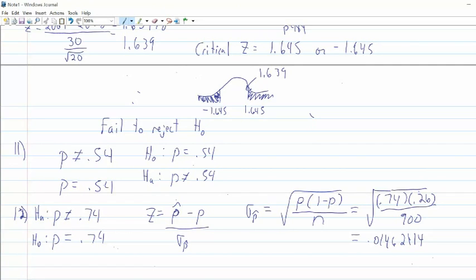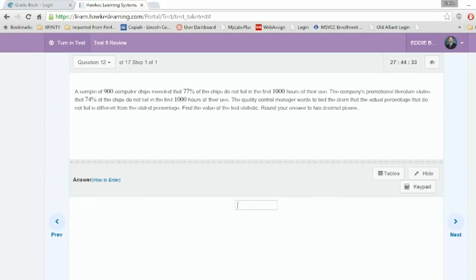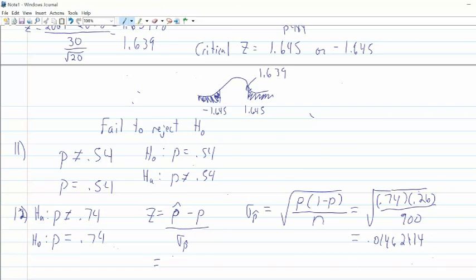My numerator, remember, p hat, is the point estimate that comes from the sample. It says 900 computer chips reveal that 77% of the chips do not fail, so that proportion is 0.77. So 0.77 minus 0.74 over what we just figured out, 0.014621114. Remember when you're finding this, because I've done it in problems, you say this times this divided by 900, then you have to take the square root.